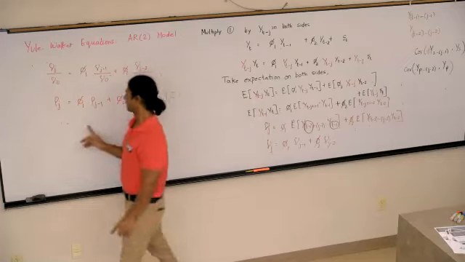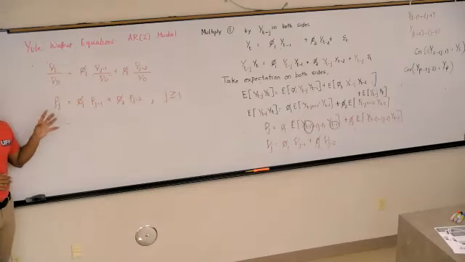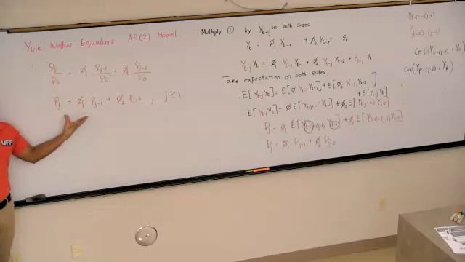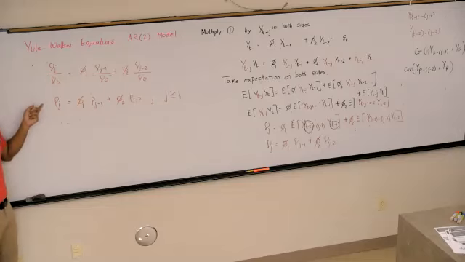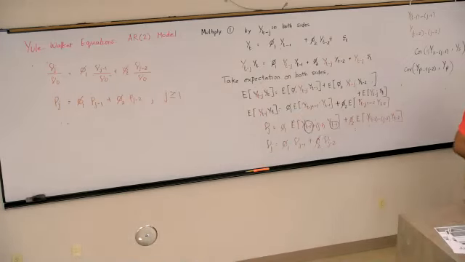So this would simply be the Yule-Walker equations, or the general form of Yule-Walker, for an AR2 model. If I plug in j equals 1, I'll get one equation. If I plug in j equals 2, I'll get another equation.